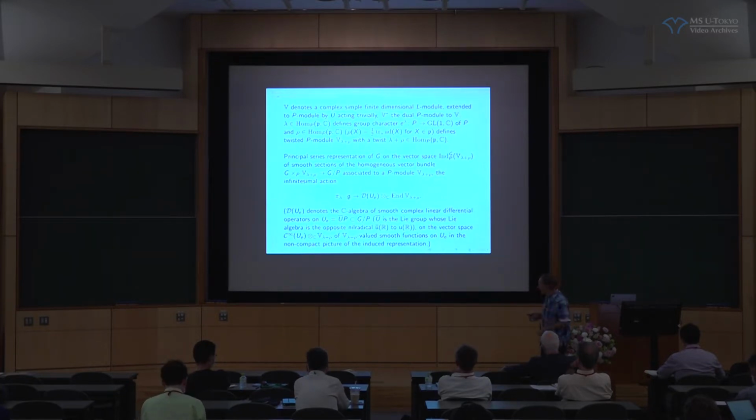So this data allows us to produce the infinitesimal action, which is a homomorphism from g to the tensor product, where the first factor in the tensor product denotes the complex algebra of smooth complex linear differential operators on the open Schubert cell, which is given by such P classes which come from the Lie group whose Lie algebra is the opposite radical to U. It is denoted here by U bar.